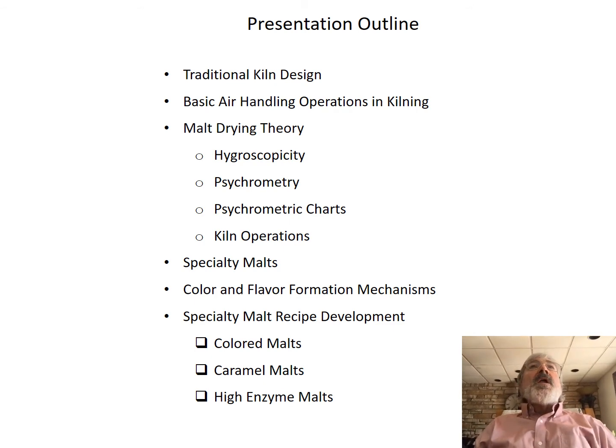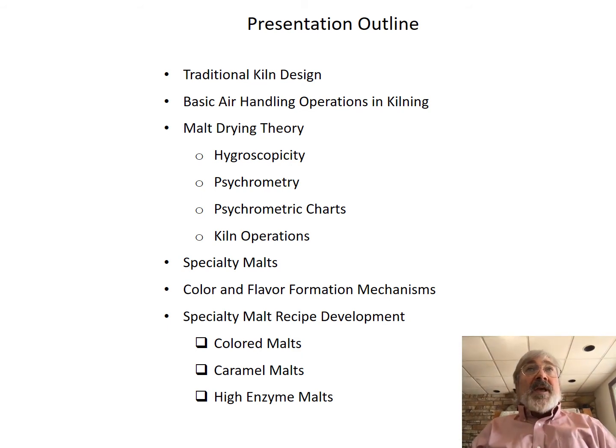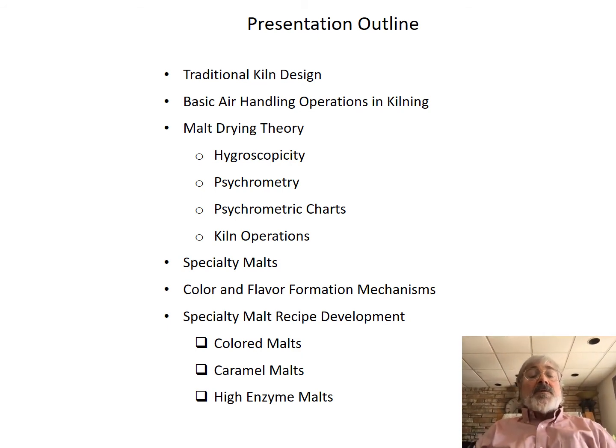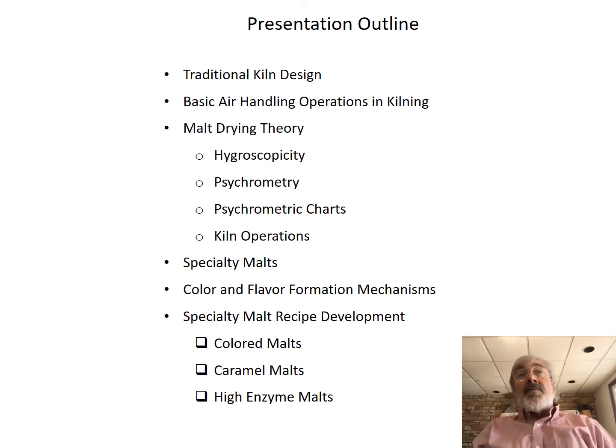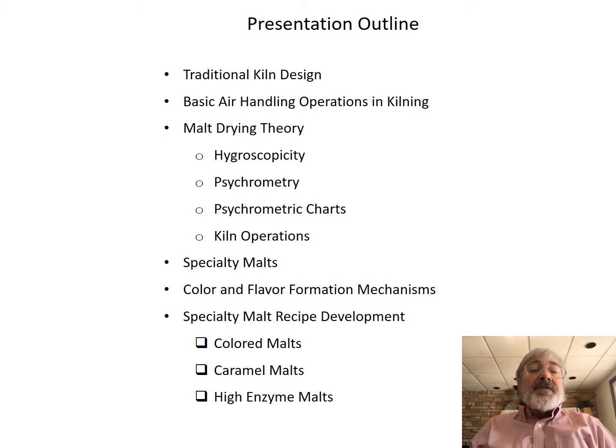And knowing that malt is hygroscopic and is in moisture equilibrium with the environment, we will go into psychrometry, which is basically a way to completely define all of the physical properties of air and water mixtures. Psychrometric charts, and what my go-to is, actually online psychrometric calculators, electronic psychrometric calculators.